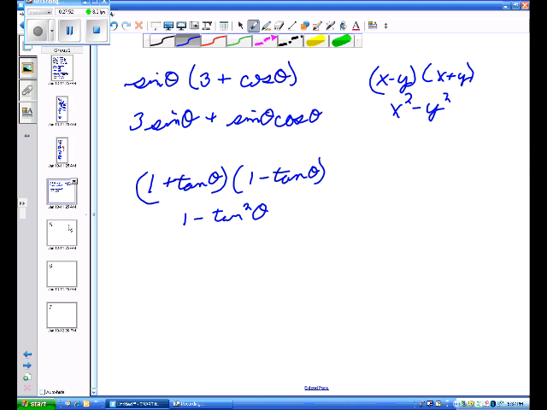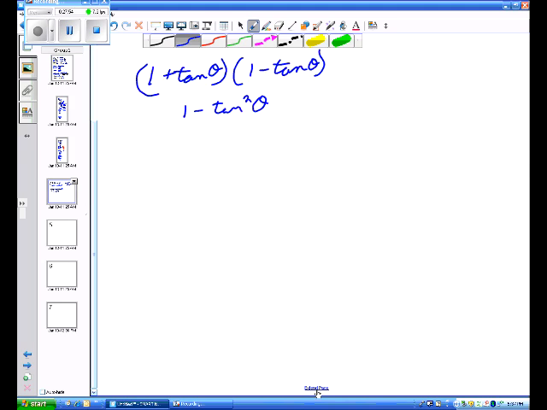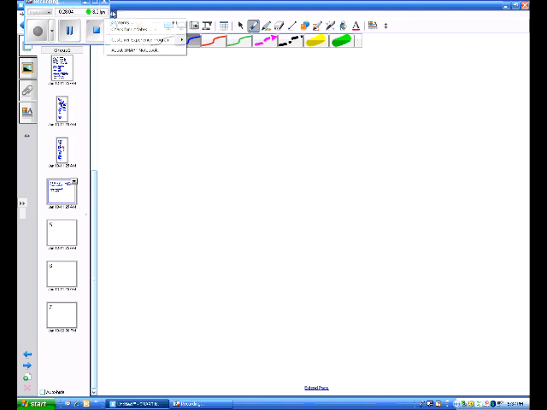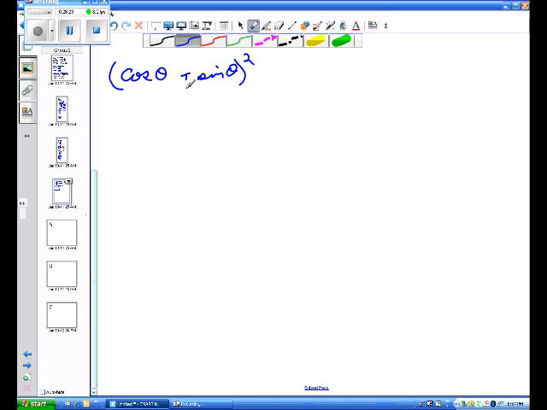If we wanted to multiply cosine theta plus sine theta squared. Again, this looks like a binomial squared, like x plus y squared.